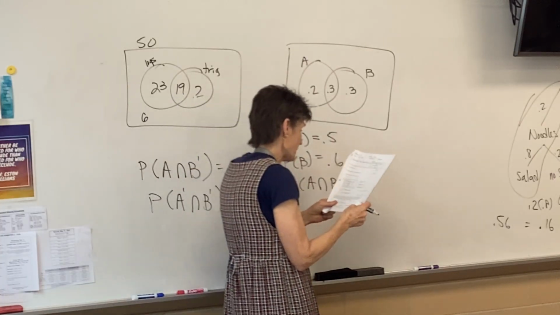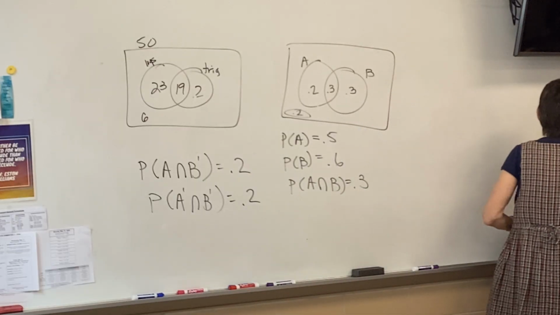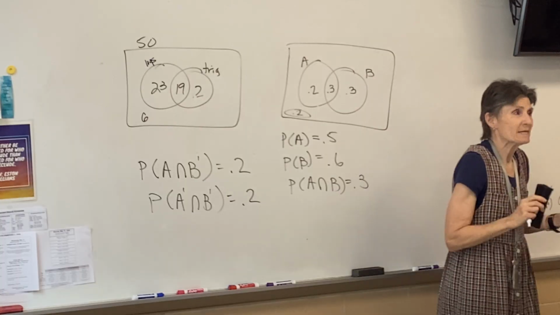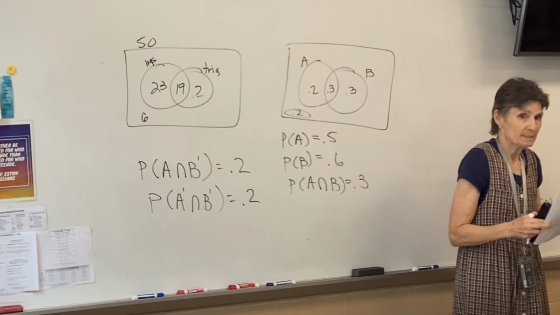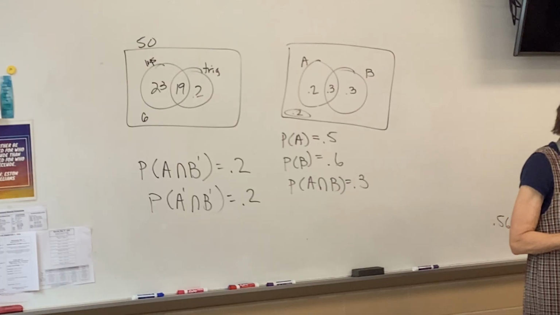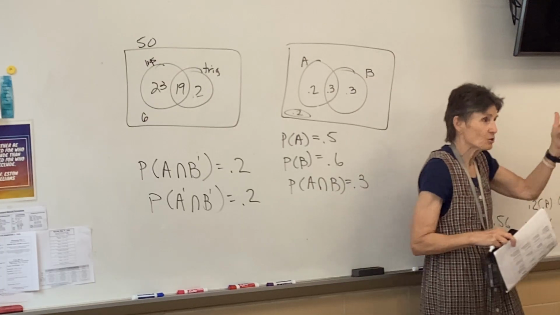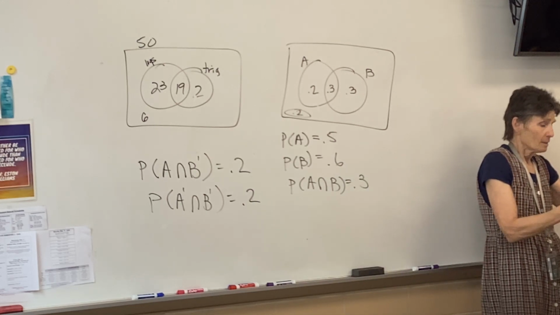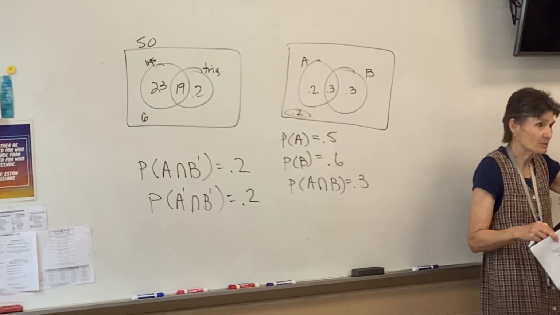All right, number 3. Gonna build a tree diagram. Now, here's the tricky thing. When you read question number 3, did you know you were going to build a tree diagram? Yes. Just by the way the problem sounds? Yeah. Because you've got 2 things going on. The kid's going to take pre-cal and buy lunch, or not take pre-cal and buy lunch, or whatever, right?